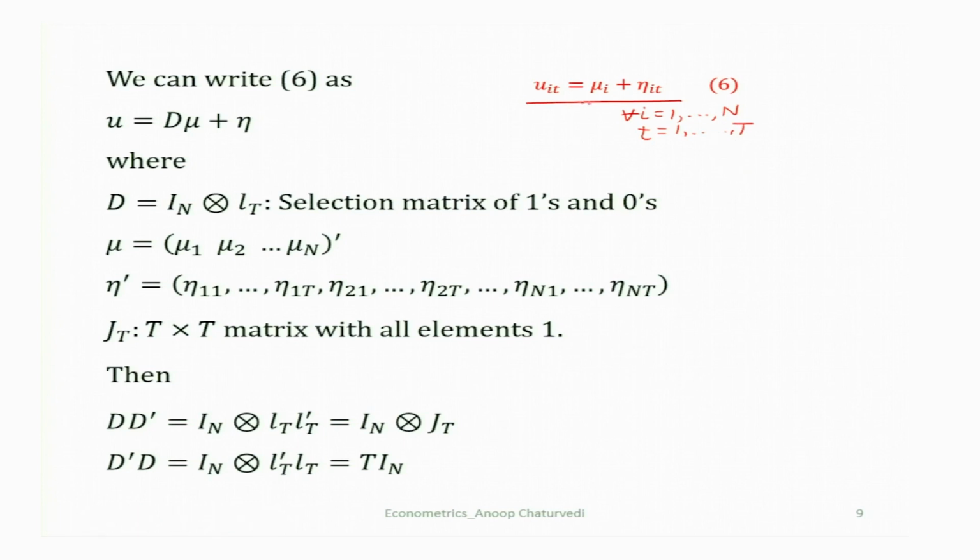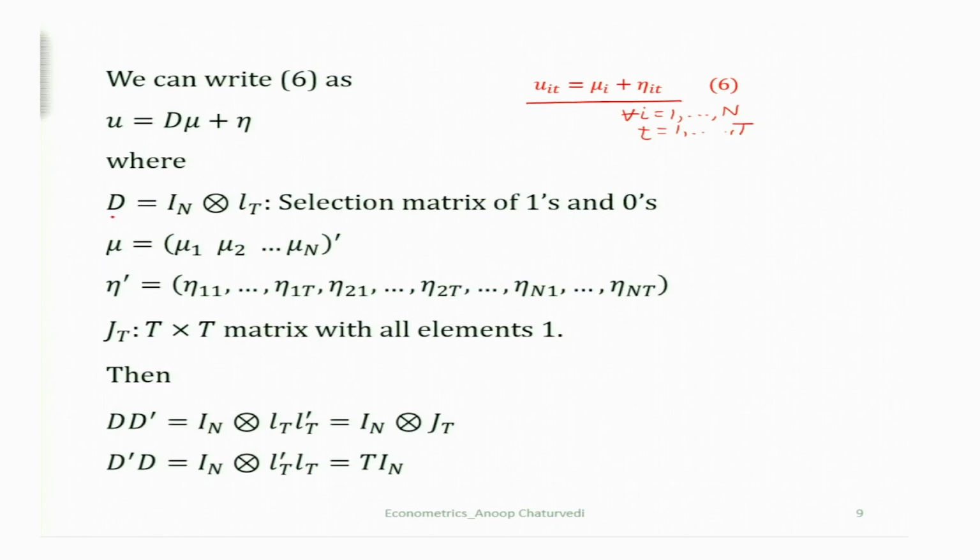So, now we write all u_it's using matrix and vector notations. We write u equal to D mu plus eta, where D is equal to I_N Kronecker product l_T. So, D is the selection matrix of ones and zeros.